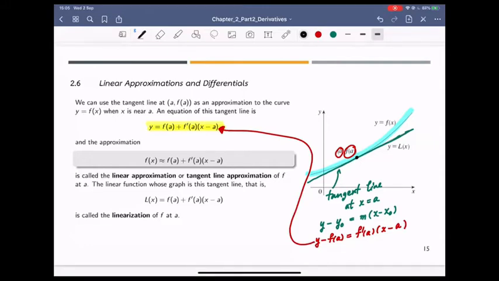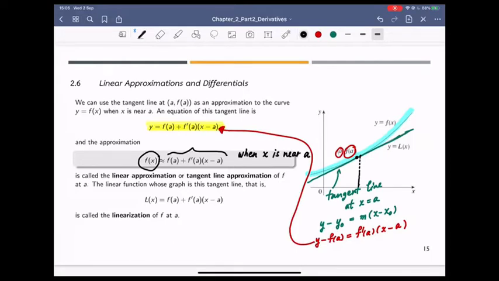But at a point that is very close to x equal to a, you can see that the value of y on the tangent line and on the curve are very close to each other. So that means we can approximate our function f(x) by using the function that we have from the tangent line. This is going to be a good approximation when x is near a, right?